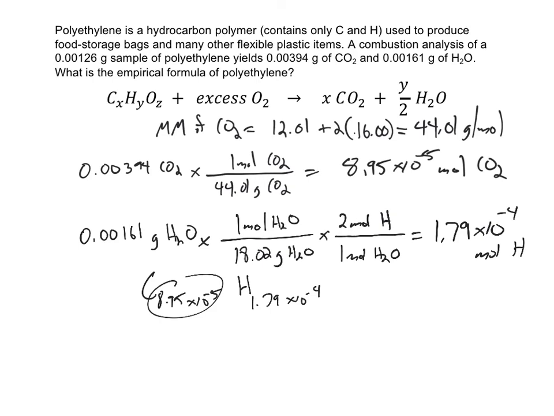So, of course, carbon is going to be 1. And the hydrogen, when I do that, essentially I get 1.997. So that's basically 2. So my empirical formula is C1H2 or CH2.